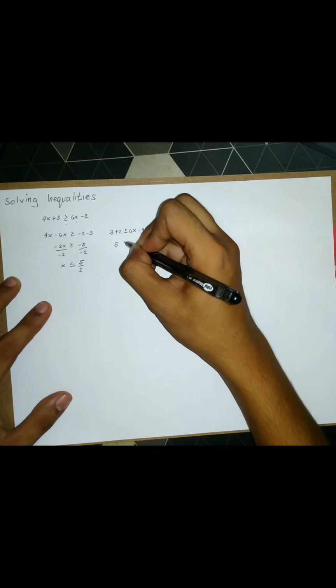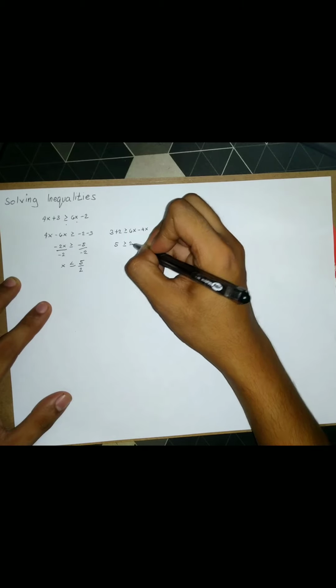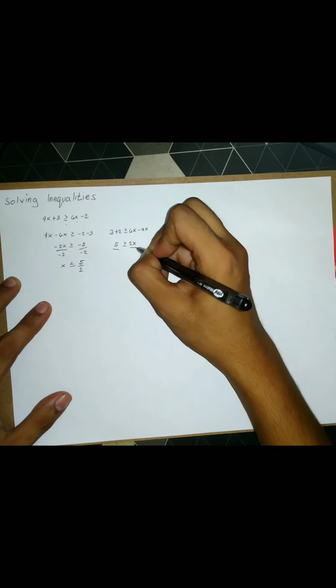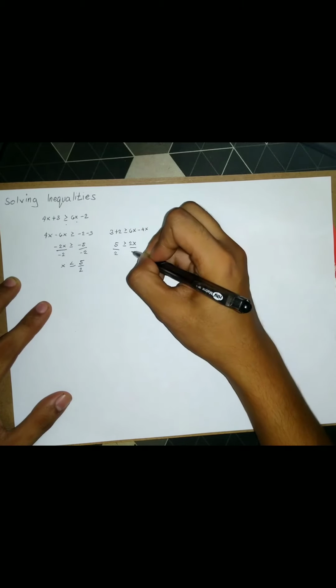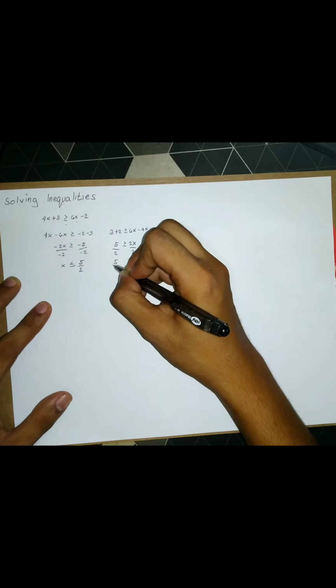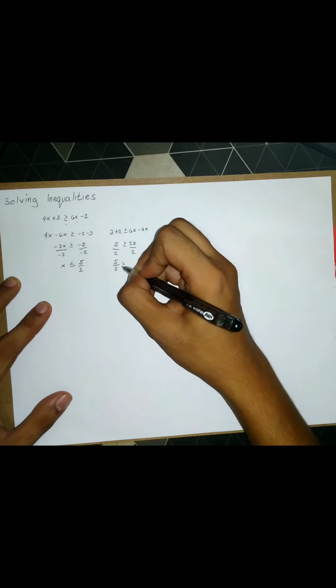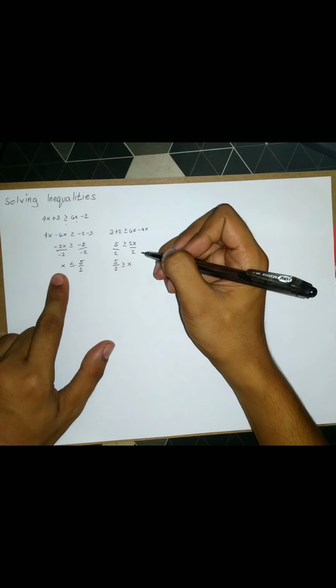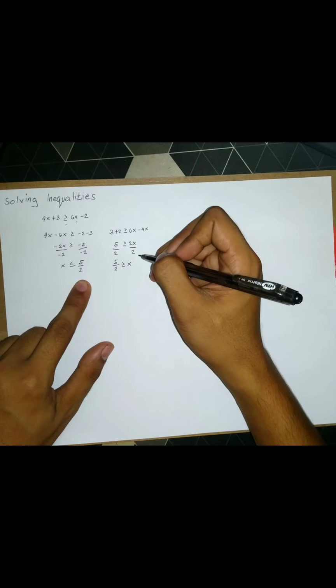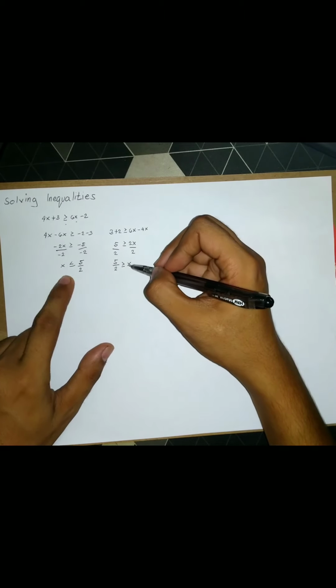That is 5 is greater than or equal to 2x, divided by 2. 5 halves is greater than or equal to x. X is less than or equal to 5 halves.